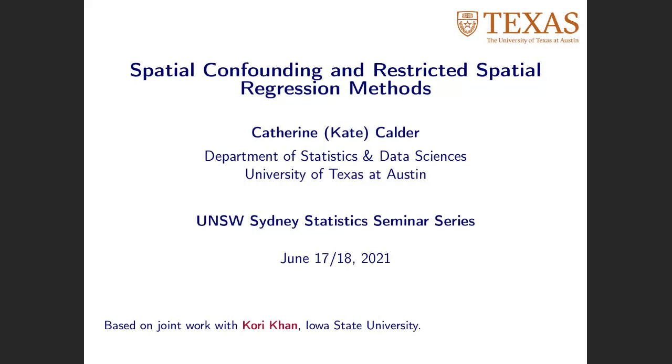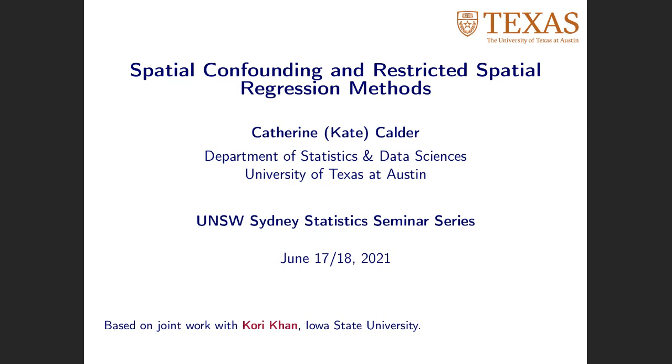So today we're very, very lucky to have Catherine Calder, or you can call her Kate. Kate is professor in the Department of Statistics and Data Sciences at the University of Texas at Austin. Prior to that, Catherine was based at Ohio State, if I'm correct, for quite a few years.